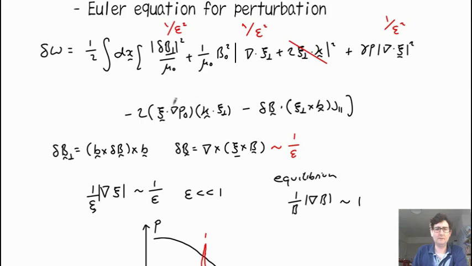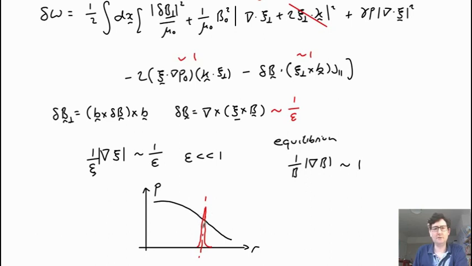This term here, now, these are all of order 1, so there's no gradients of the perturbation. So this term is roughly of order 1, but in fact it can be neglected. If we're looking at modes which are localized around a surface, we're integrating over the whole volume.